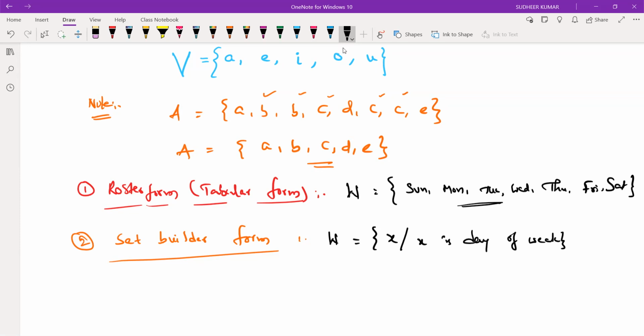So this is the main representation of sets, two forms: roster form and set builder form. We can take more examples. Suppose we take vowels. This is the example for the first one. What is it? Roster form.